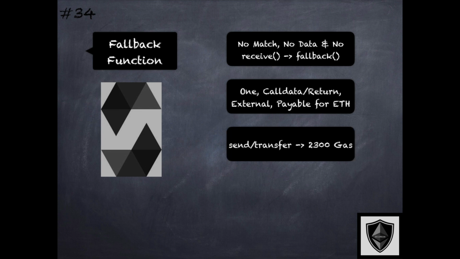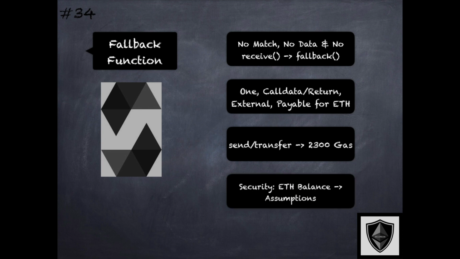Again, similar to the receive function, the fallback function cannot assume that more than 2300 gas can be supplied to it because this can be triggered via the send or transfer primitives in Solidity. And similar to the receive function, the security implications of the fallback function have to consider that the ether balance can be changed via this function. So any assumptions in the contract logic specific to the ether balance need to be examined.